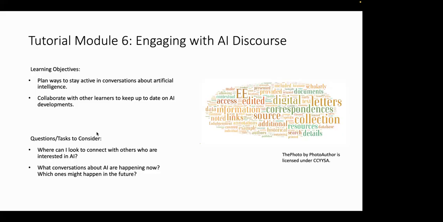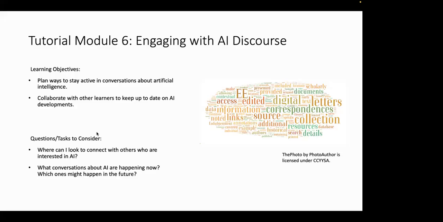So some of the questions or tasks to consider in this regard would be, where can students look to connect with others who use or are interested in AI, and what conversations about AI are happening? Which ones might happen in the future? Some of the suggested ways to shape that ACRL framework would be to encourage students to follow scholars or experts on AI, to find communities that engage with AI, to engage with generative AI themselves, and to use citations to fact check, as Dawndrea showed in the example essay, or even to track scholarly conversations about AI.